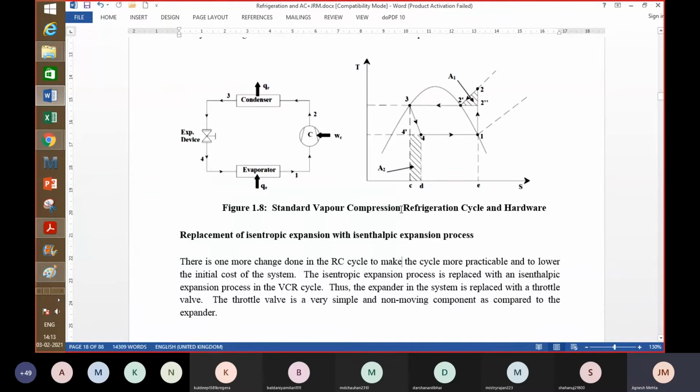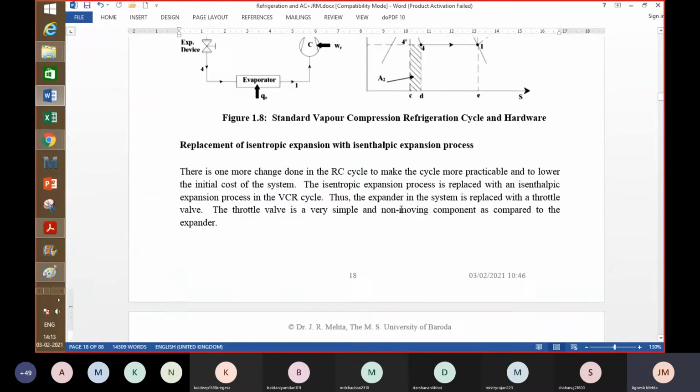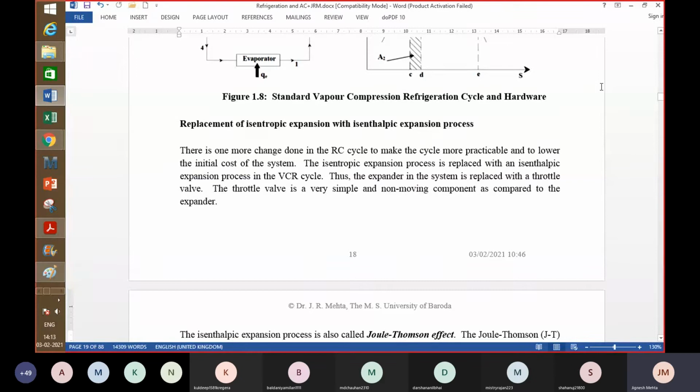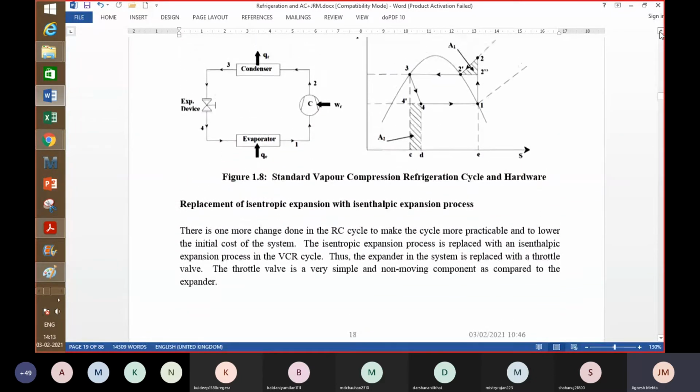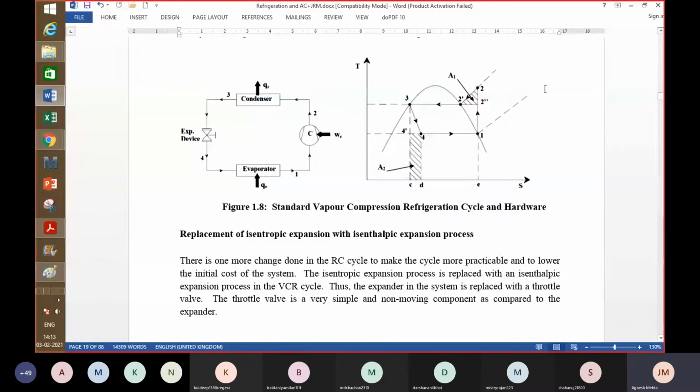So in the vapor compression cycle, the isentropic expansion process is replaced with an isenthalpic expansion process. That is a constant enthalpy expansion process.